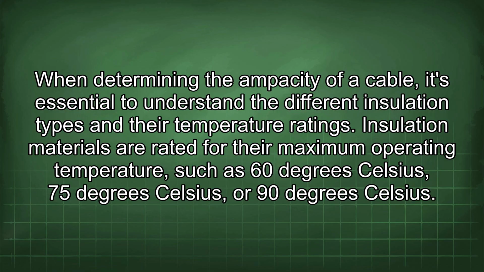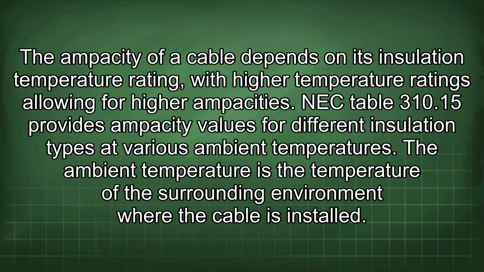Insulation materials are rated for their maximum operating temperature, such as 60 degrees Celsius, 75 degrees Celsius, or 90 degrees Celsius. The ampacity of a cable depends on its insulation temperature rating, with higher temperature ratings allowing for higher ampacities. NEC Table 310.15 provides ampacity values for different insulation types at various ambient temperatures.